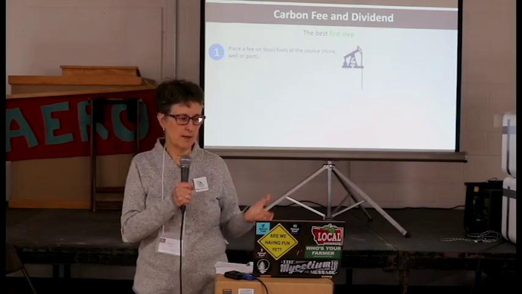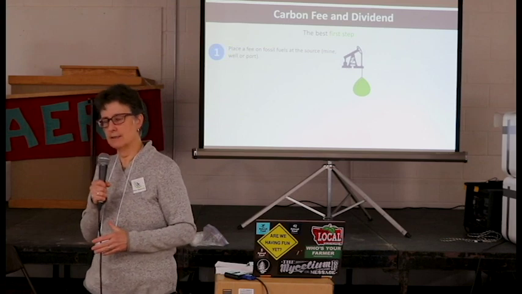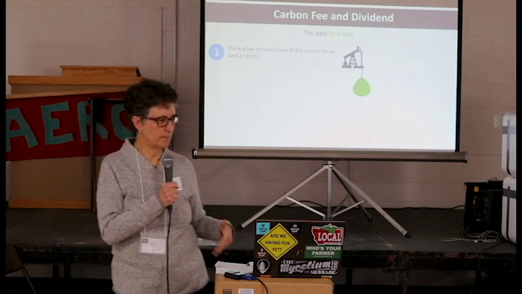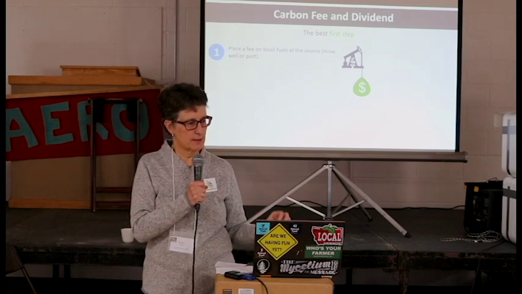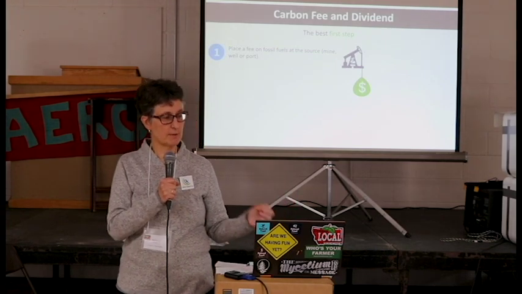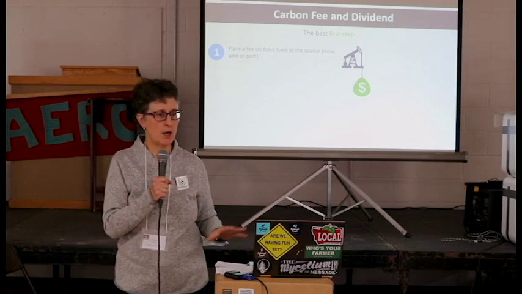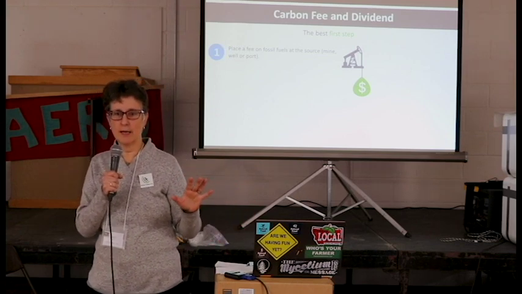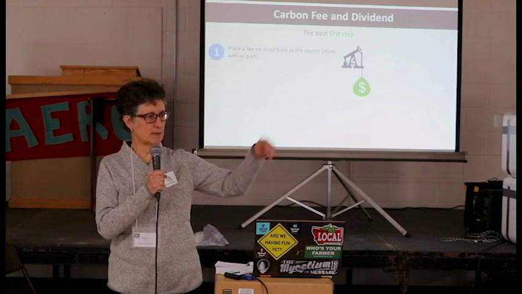So we think that, we, meaning Citizens Climate Lobby, who I think is fabulous, thinks that the best first step, so there's a lot of different kinds of carbon taxes. And one of the things that you look at in a carbon tax is where do they put the carbon tax into the fuel?